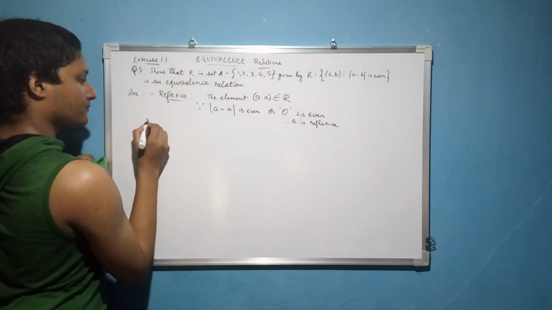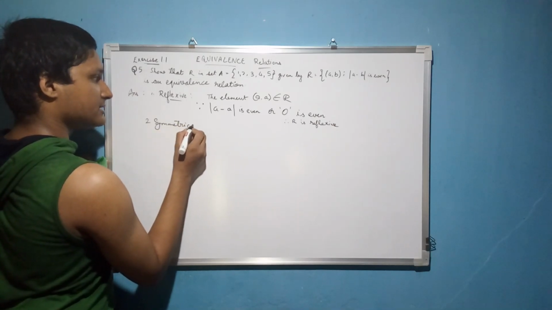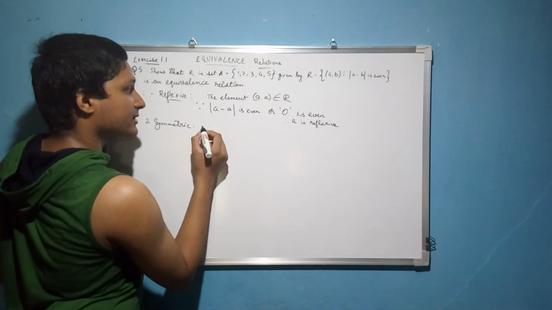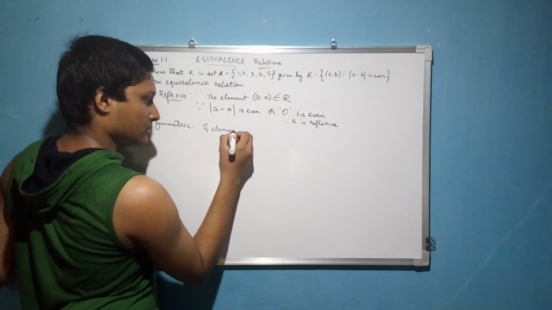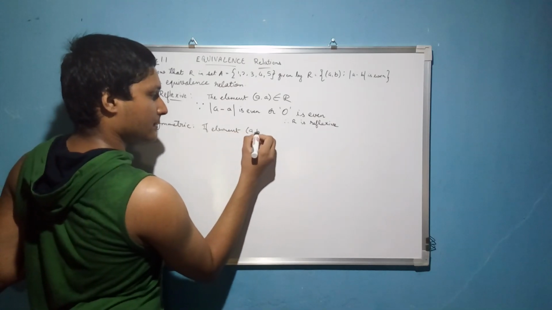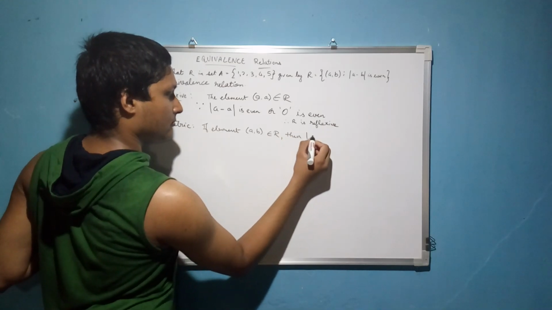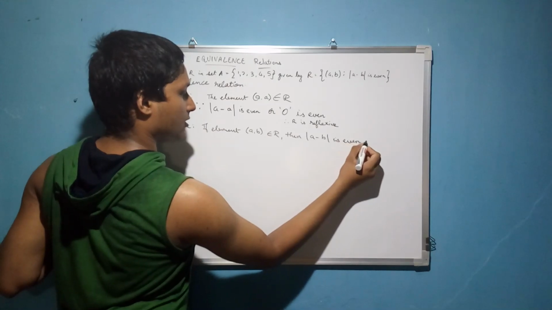The second case, symmetric. If element (a, b) belongs to R, then modulus of a minus b is even. That is what we already have.